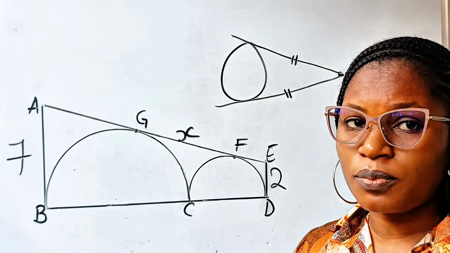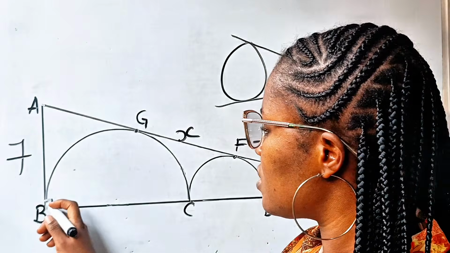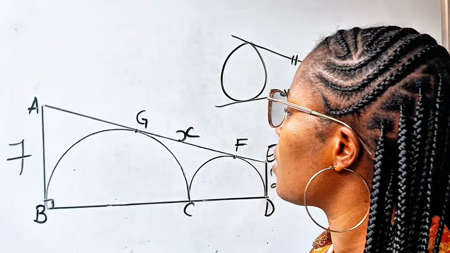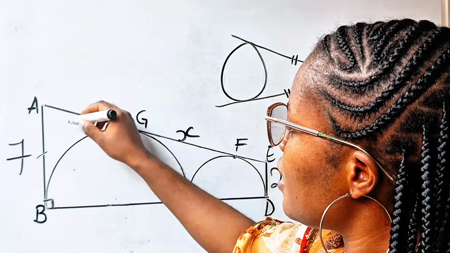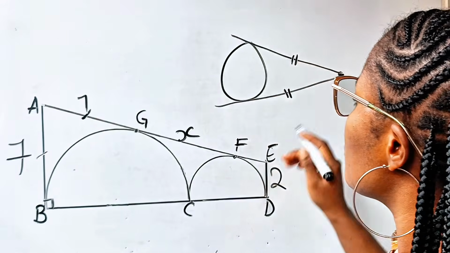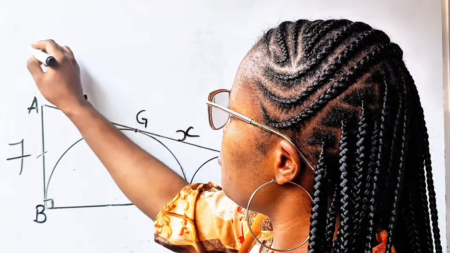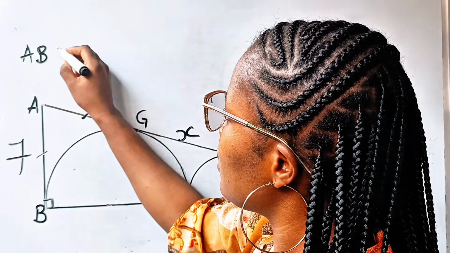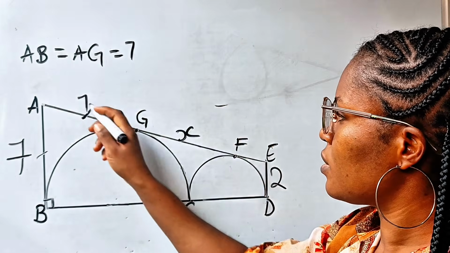This is a semicircle, so note this is 90 degrees. So that means that if this place is 7, then AG is also 7. So permit me to write this, that AB is equal to AG, which is equal to 7.